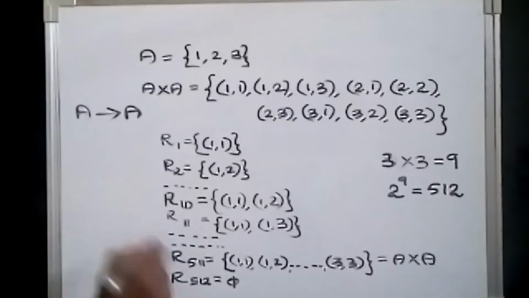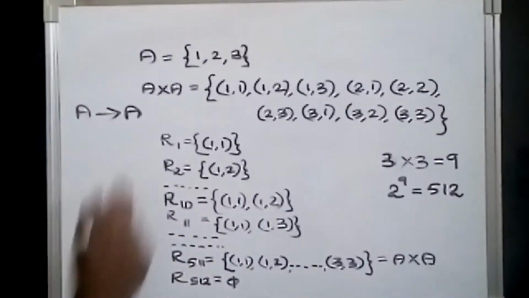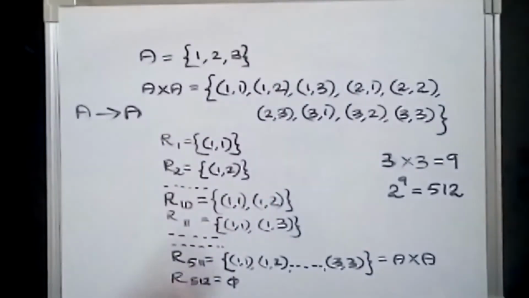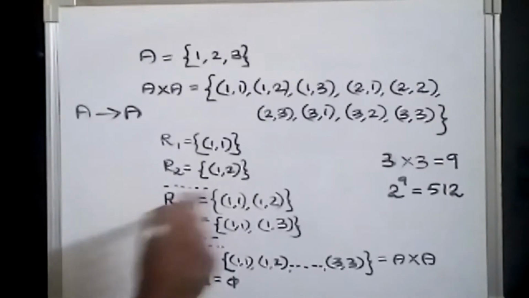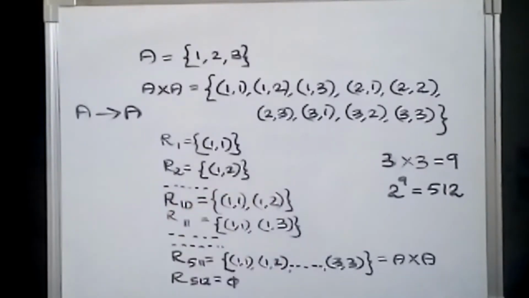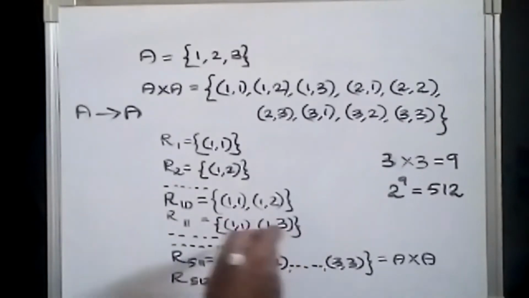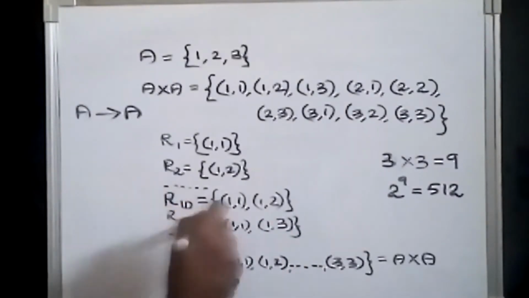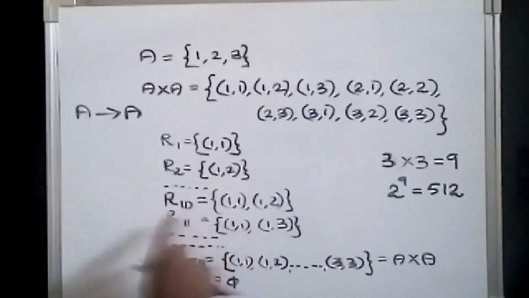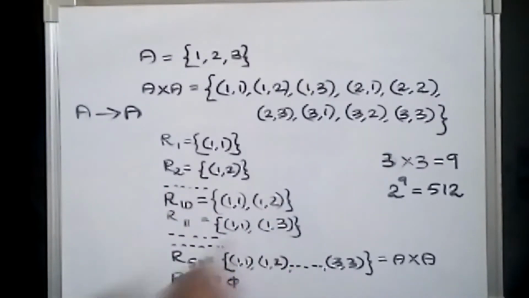Let us list some of these subsets. R1 equal to set {(1,1)}. It contains only one element. R2 equal to set {(1,2)}. It also contains one element, etc. R10, the 10th subset, equal to set {(1,1), (1,2)}. R11 equal to set {(1,1), (1,3)}, etc. R10 and R11 contain two elements each, etc. Then three elements.